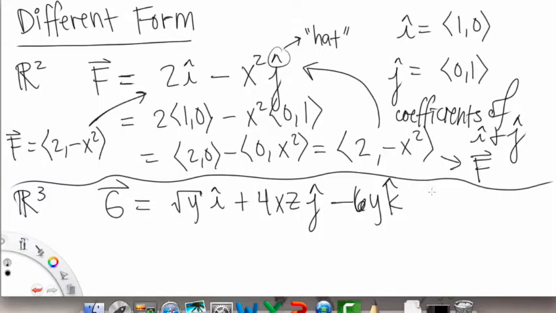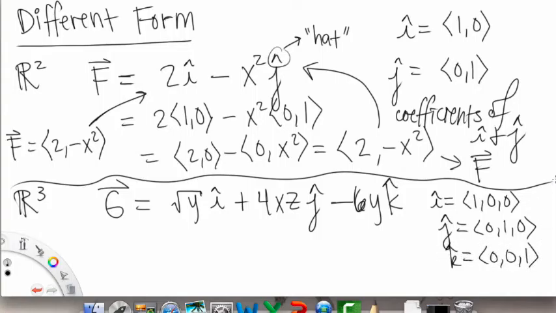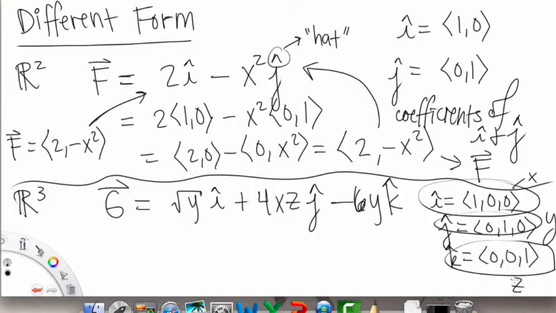They have a special name, but anyways, in this case, i hat equals 1, 0, 0, j hat equals 0, 1, 0, and k hat equals 0, 0, 1. So basically what i is doing, that corresponds to your x-axis. This corresponds to your y-axis. And the last one corresponds to the z-axis.